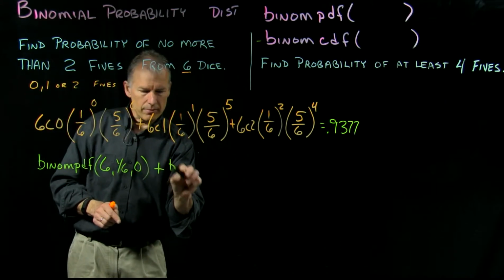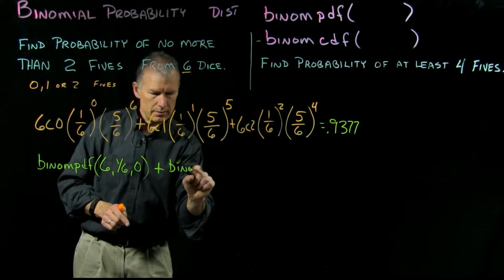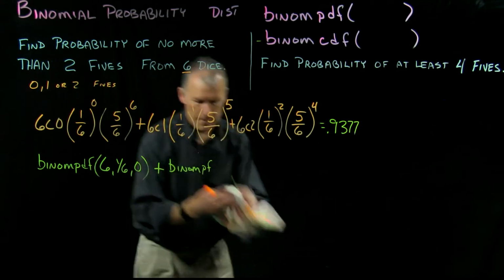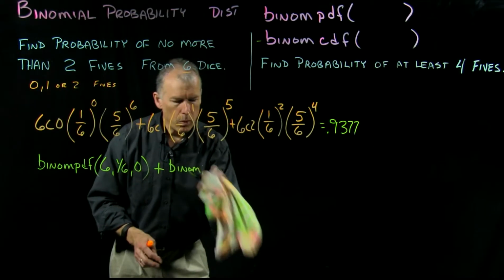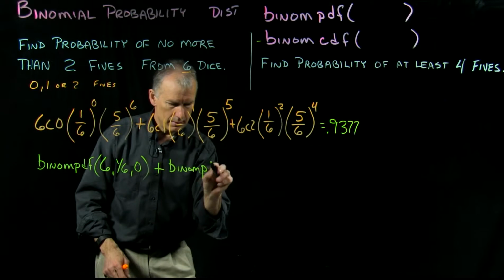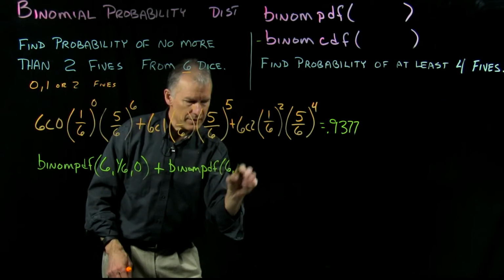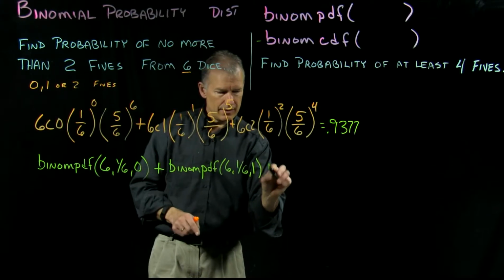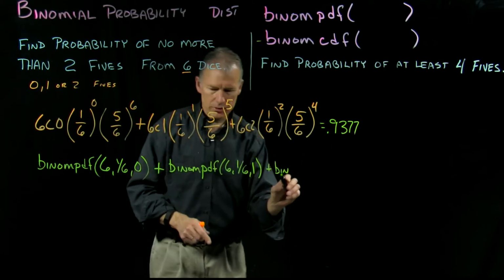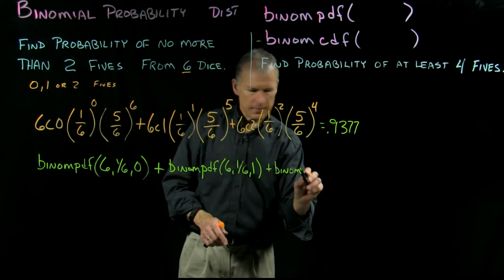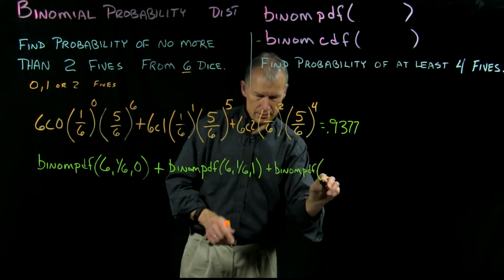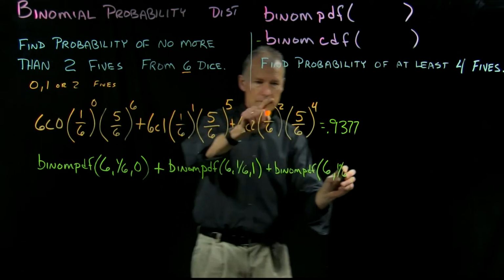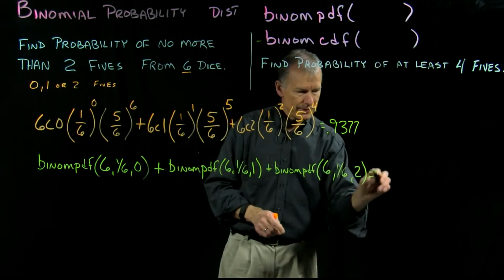And then we could go binomial PDF again. Six dice, the probability is 1/6. This time I want 1 of them, plus one more time, binomial PDF. So 6 dice, 1/6 the probability, and this time I would like 2 of those, okay? That'll give you the same results.